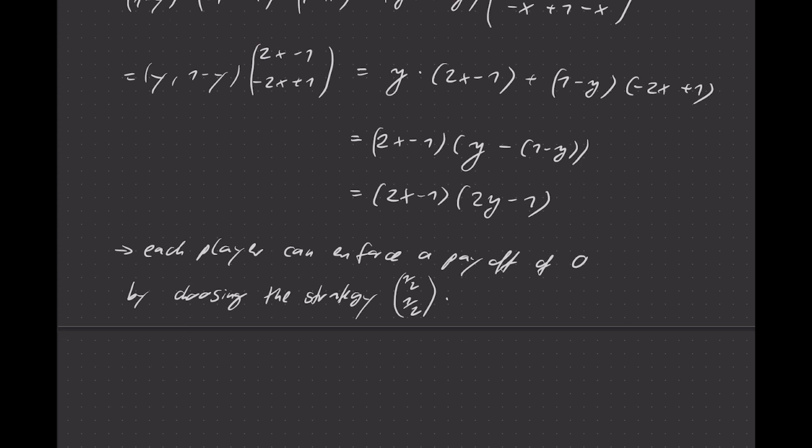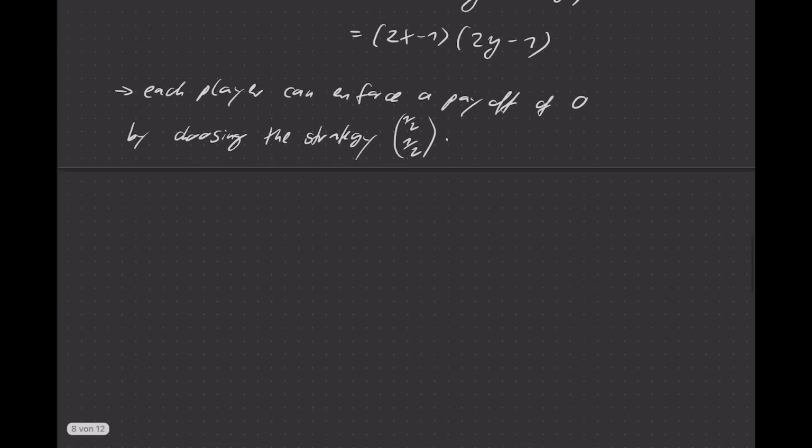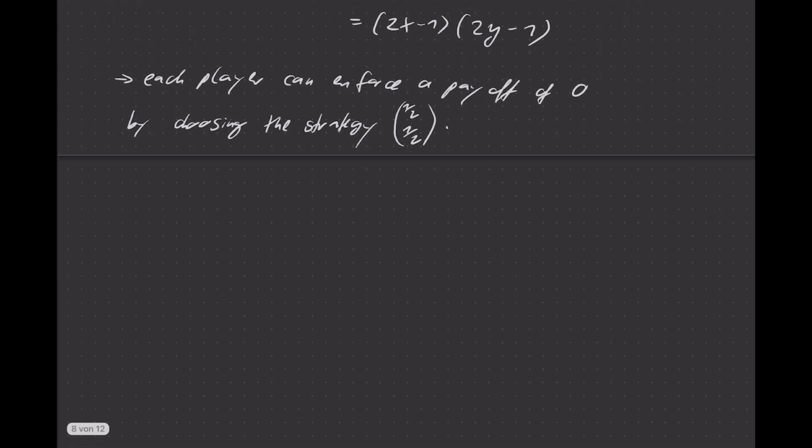Now what does that mean for the Nash equilibrium? Remember, the column player wants to maximize the payoff. However, the row player can force the payoff to be 0. So that means the column player will never get more than 0.